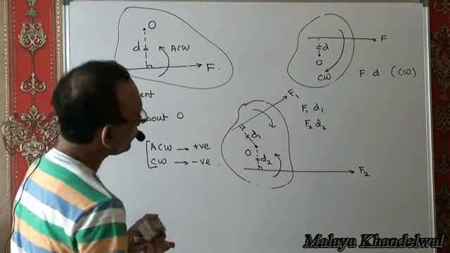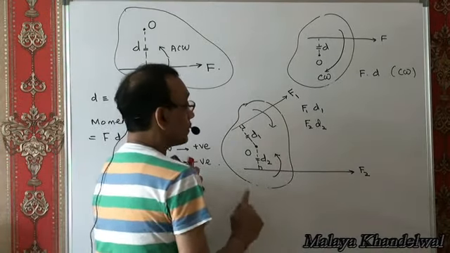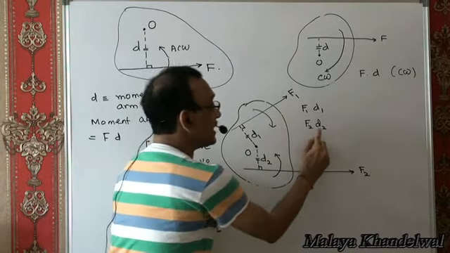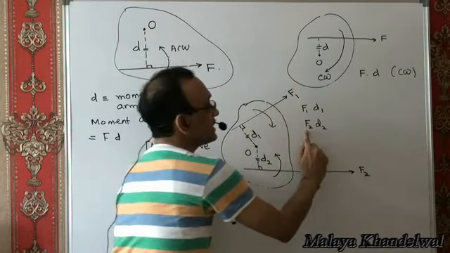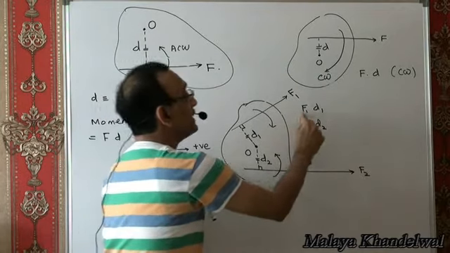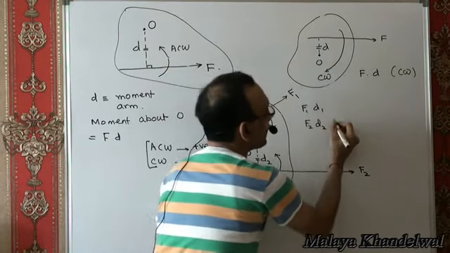Now, so the net turning effect. So this F2 into D2 is anti-clockwise, so plus. And then F1 D1 is clockwise, so minus F1 D1.